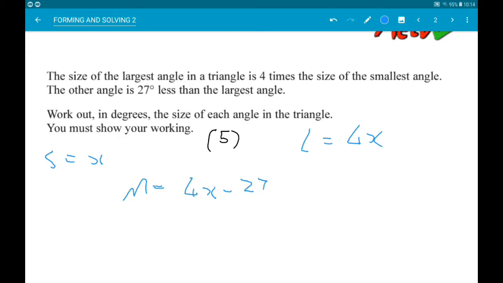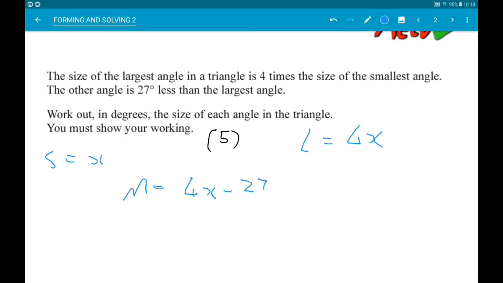Okay, so now we have to find each of the angles. Let's think about what we know about them. Because they are angles in a triangle, they add together to 180 degrees.